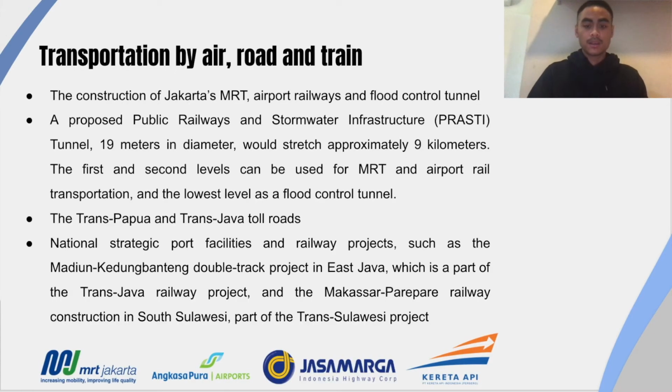So, in Indonesia, there are 3 industry, innovation, and infrastructure areas, which are air, road, and train. Here, as you can see, there are about 4 companies focusing on railroads, toll roads, and trains.